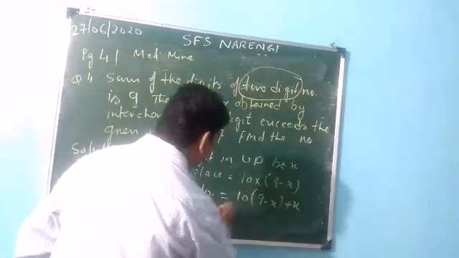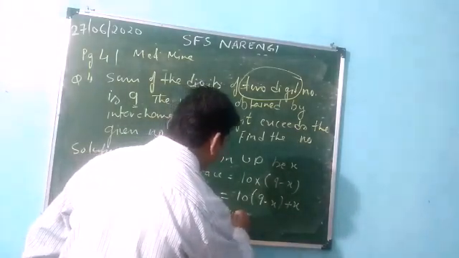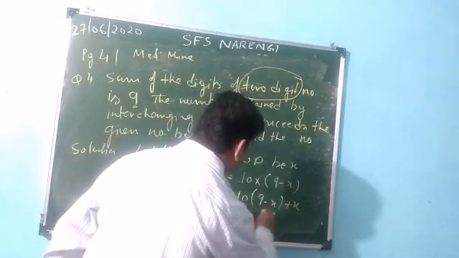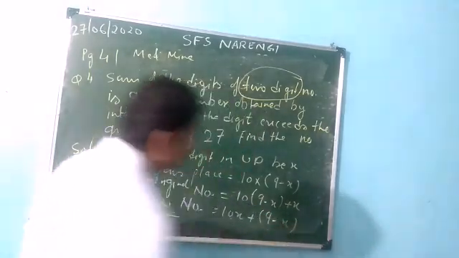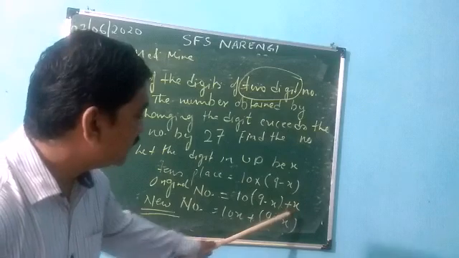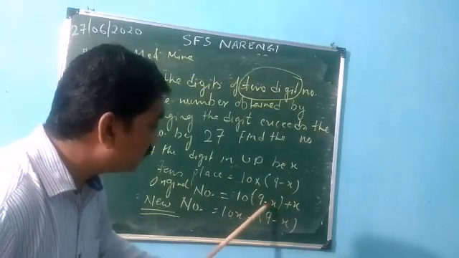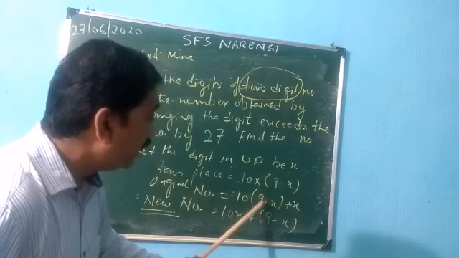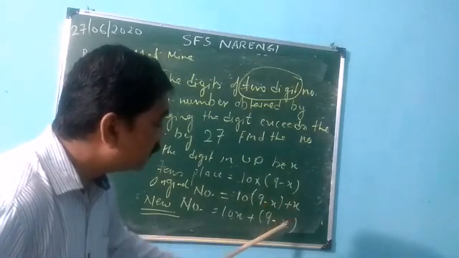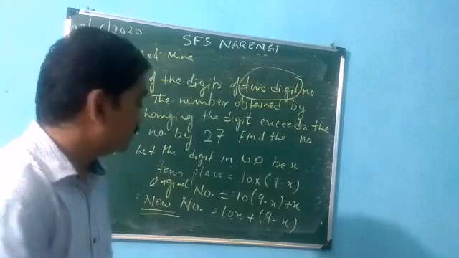That means x will come here and 9 minus x will go that side. So x has come to the tens place and the tens place has gone to the unit place.